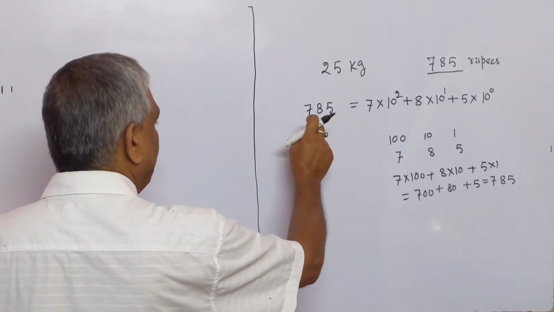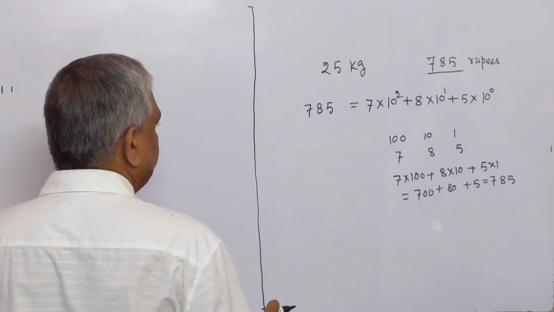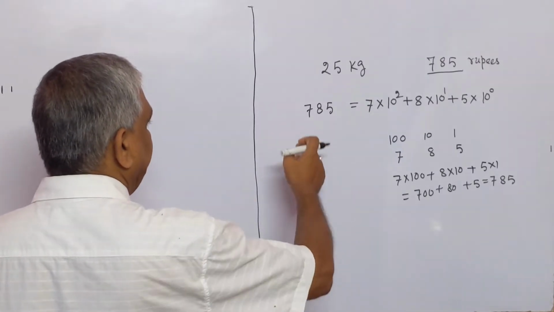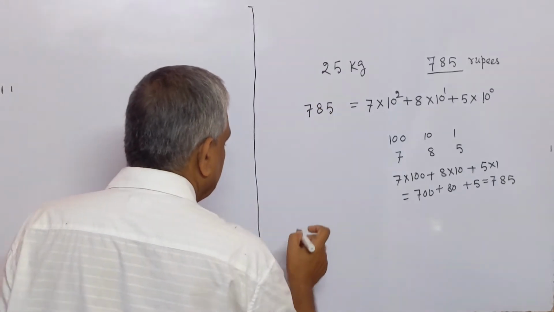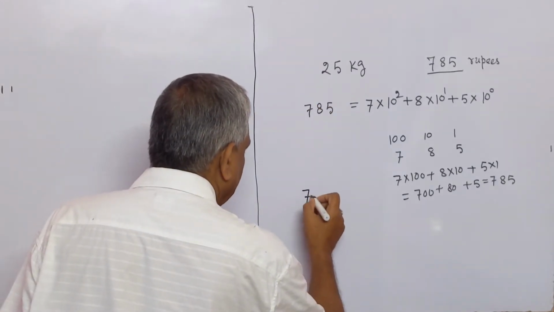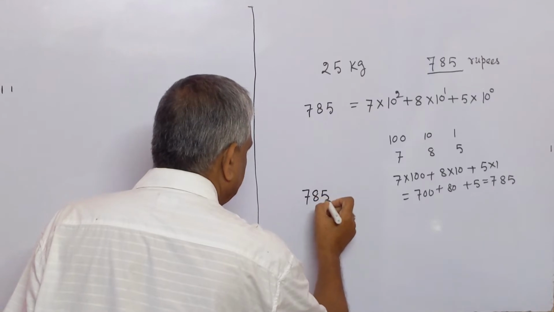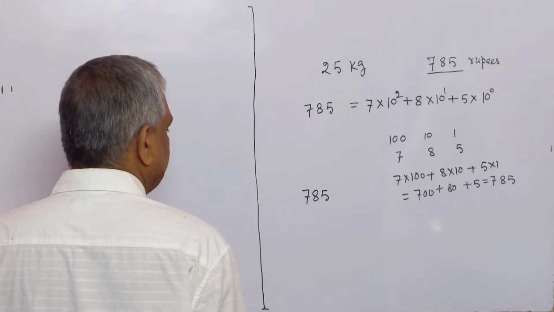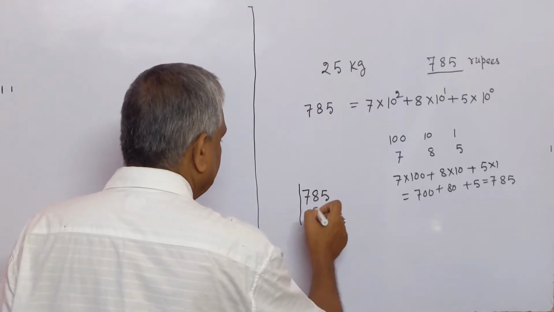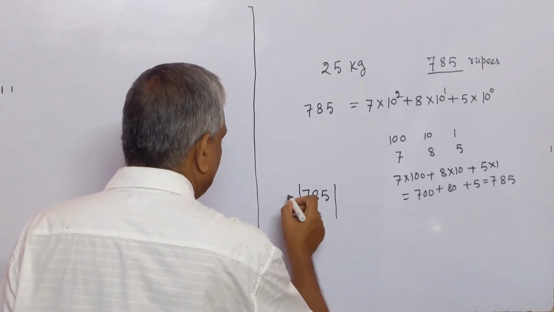Here we may follow a process by which 785 is constructed. Since 785 is a number in decimal system, we divide this number by 10.